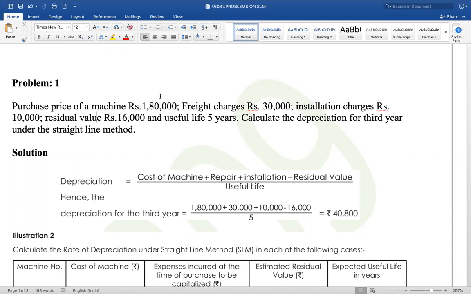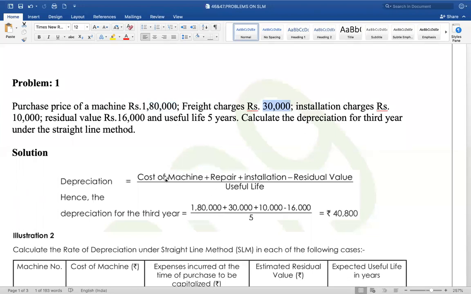Now we will bring the values from here and substitute in the formula that is given below. The cost of the machine, or purchase price, is 1,80,000. We brought it here. And there are freight charges, incidental expenses. The transportation of the machine is 30,000 and the installation charges are 10,000. We brought it here, 10,000.